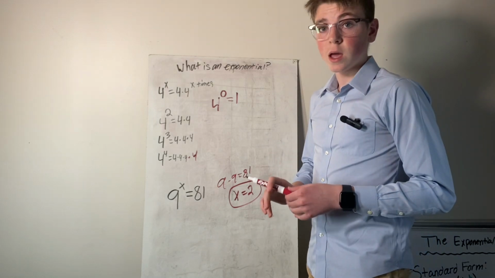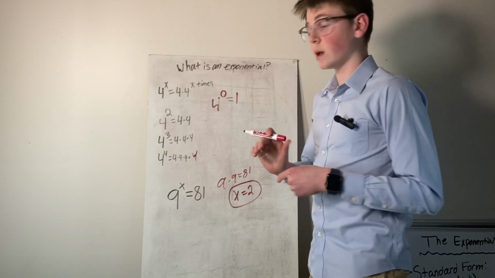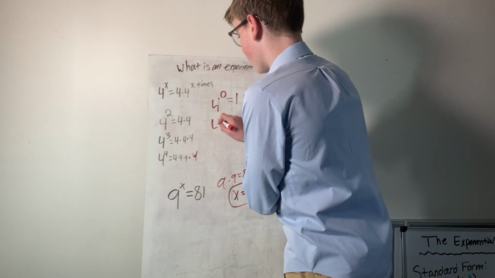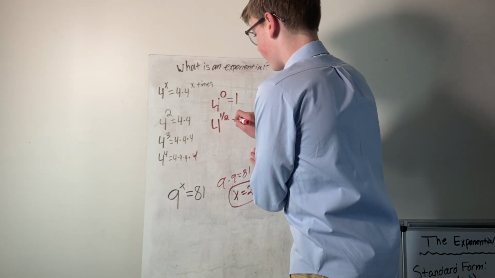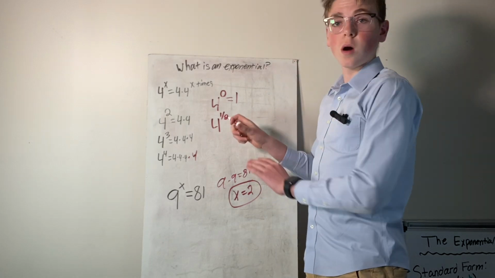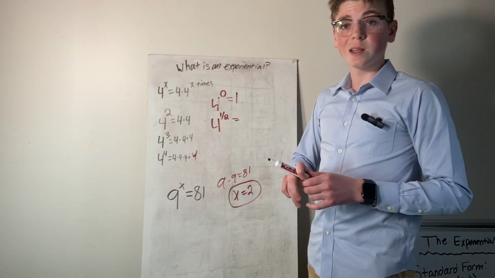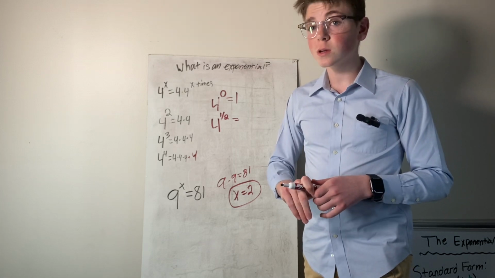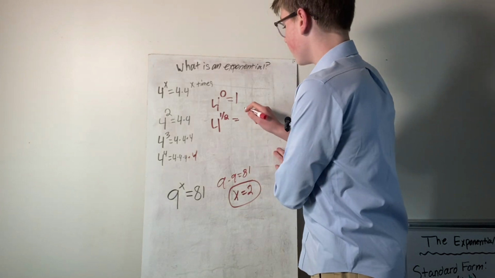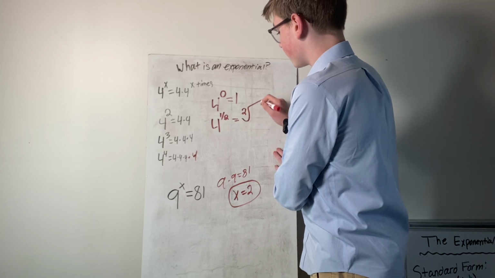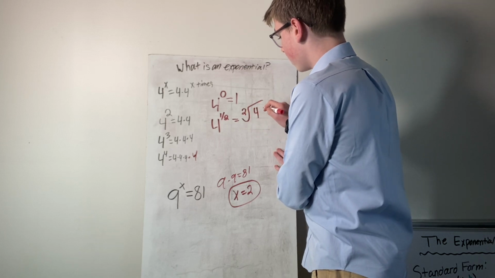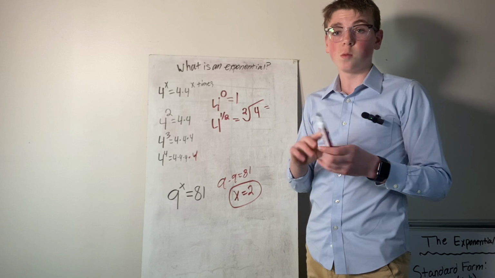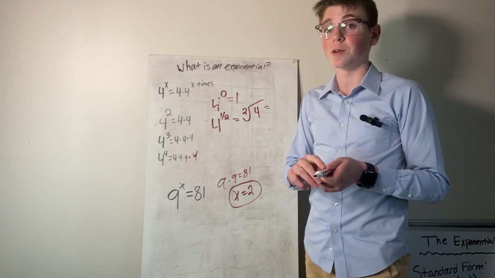Then, also, if we have a root exponent, so let's say 4 to the 1/2 power, this 2 on the bottom is really the base of a root function. So this would be the second root, which is really just the square root of 4, which means what number times itself is equal to 4.